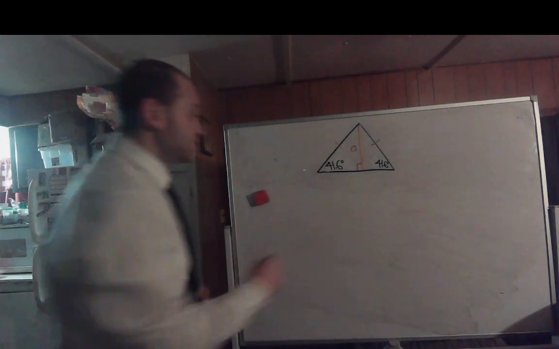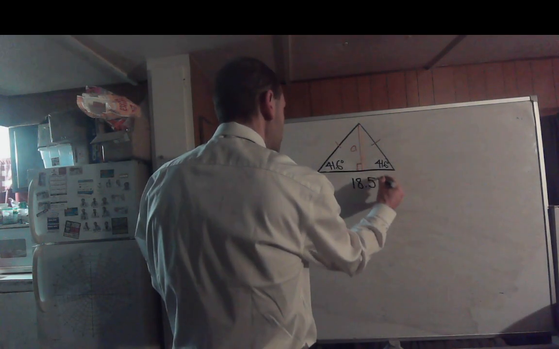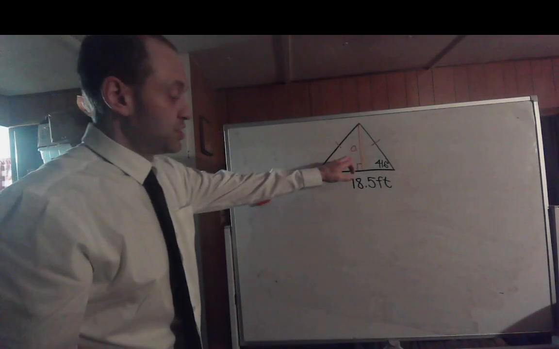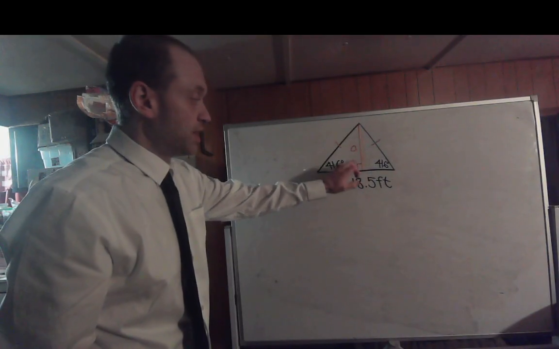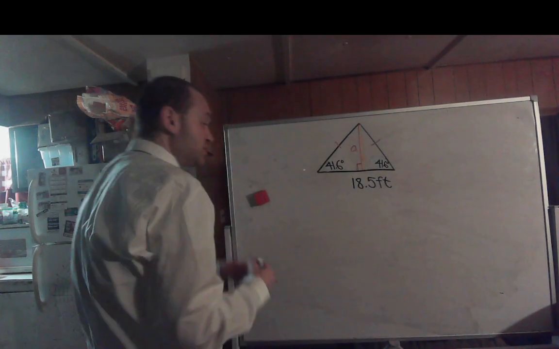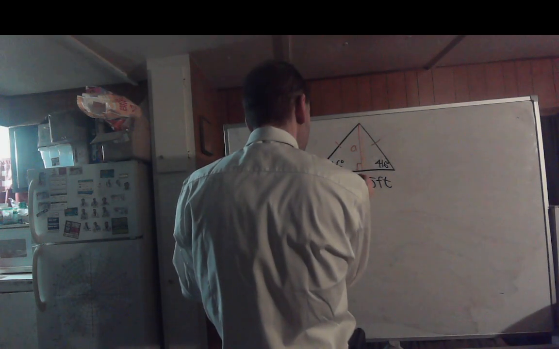The base is 18.5 feet. So that means the altitude is going to be right at the midpoint of this side. So half of 18.5 is 9.25 feet. So this here is going to be 9.25 feet.